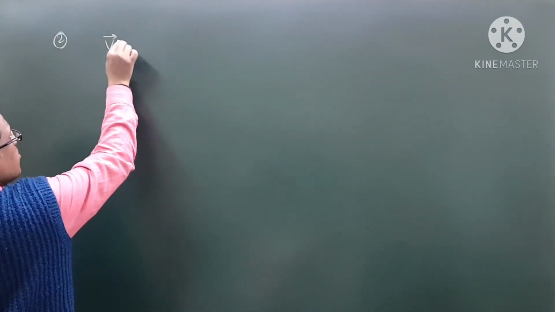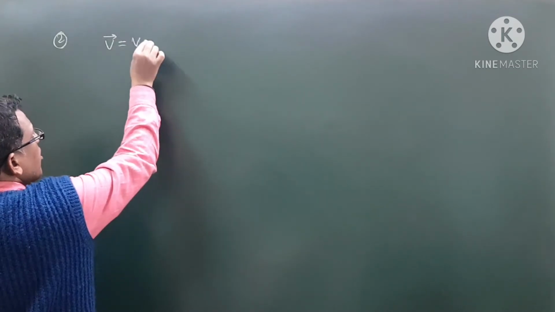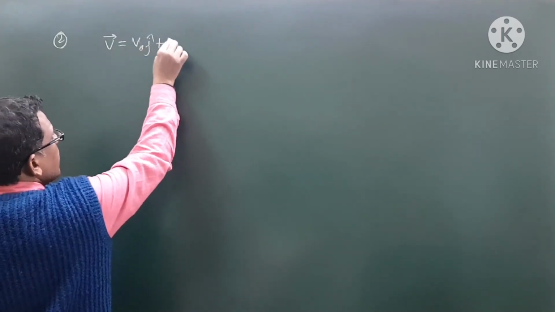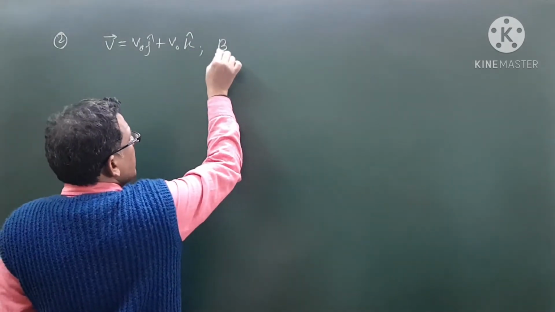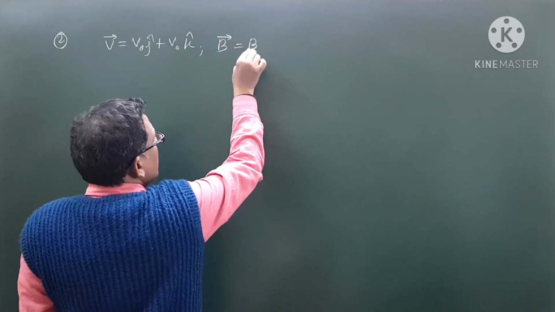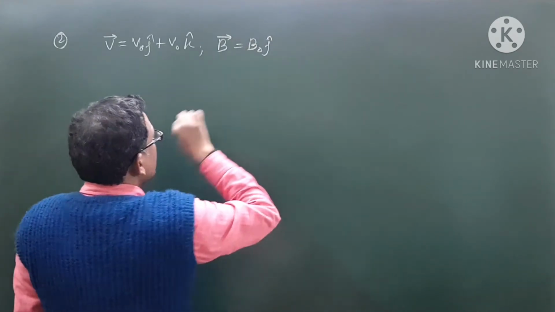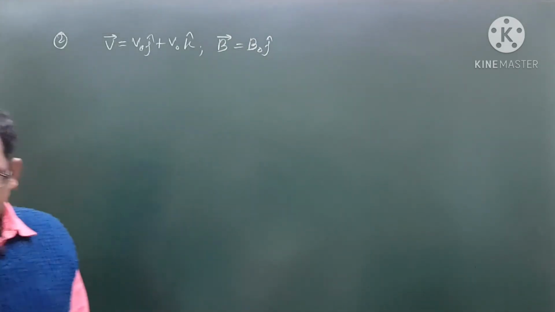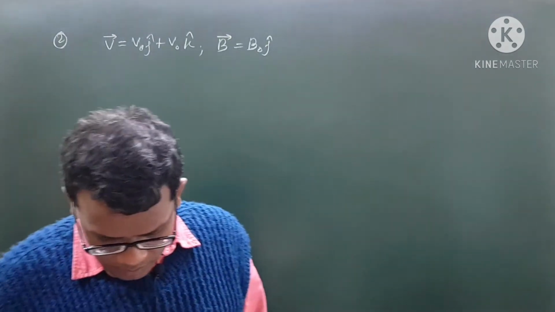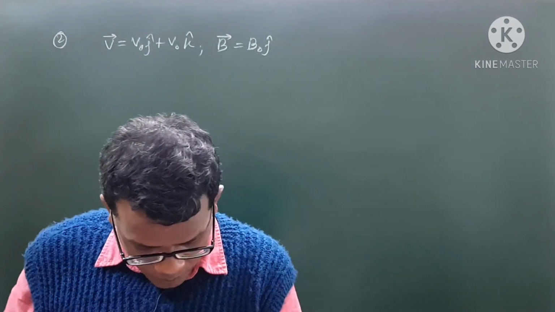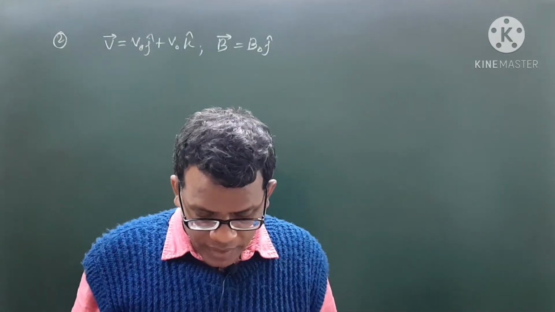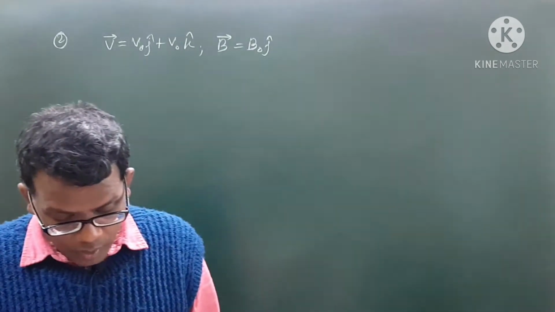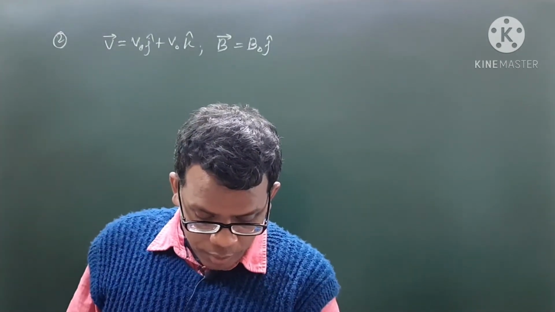Information saying that a particle is moving with velocity v naught j plus v naught k, and magnetic field B is given as b naught j. This time velocity vector and magnetic field vector are given. A charged particle, a proton, is fired from the origin with this velocity in this uniform magnetic field.